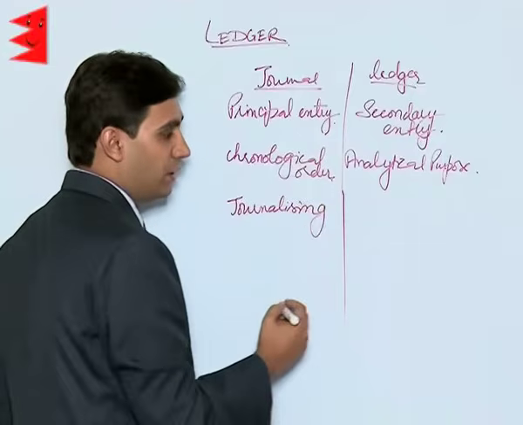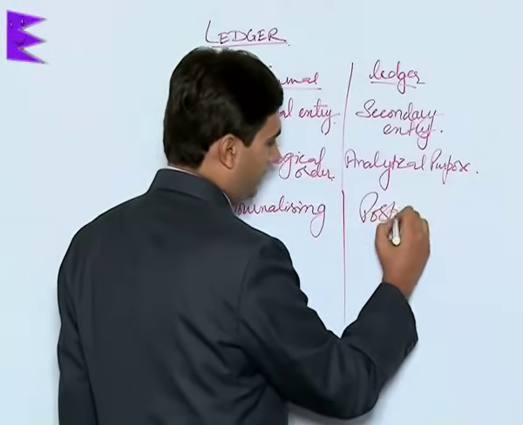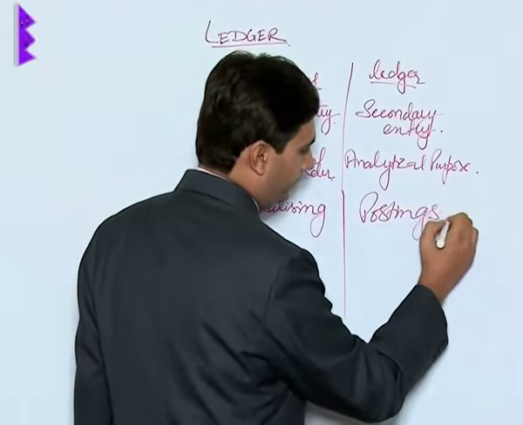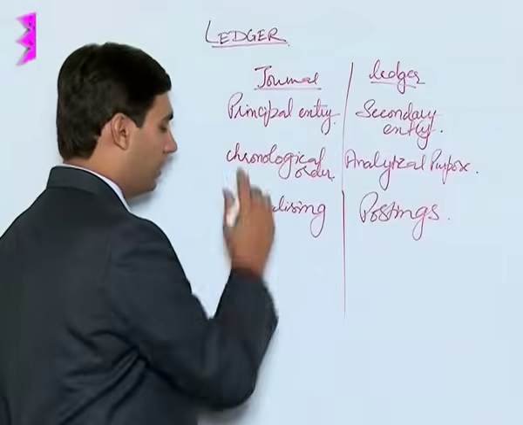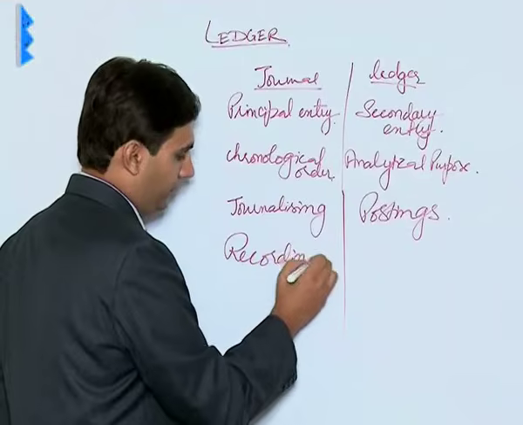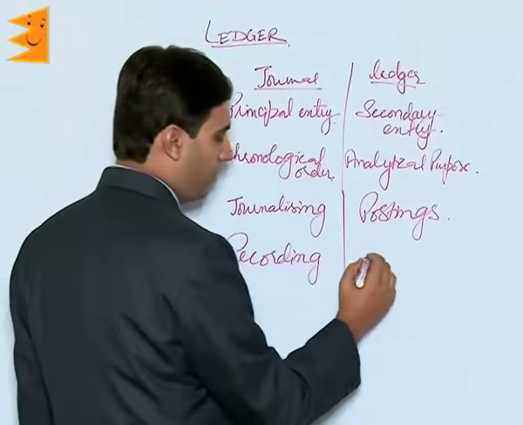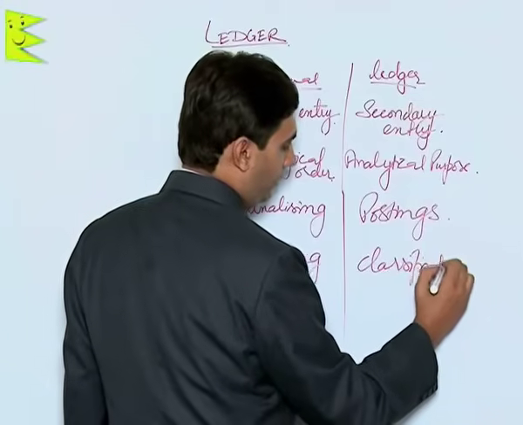Whereas in ledger, the process of transfer of entries is called posting. And at last, students, journal performs the function of recording, whereas a ledger performs the function of classification.